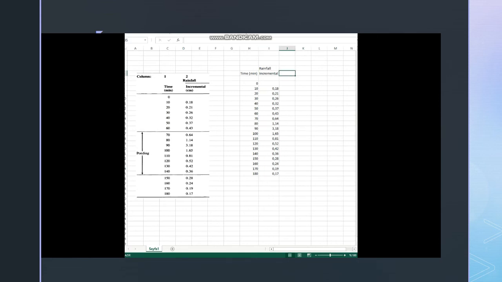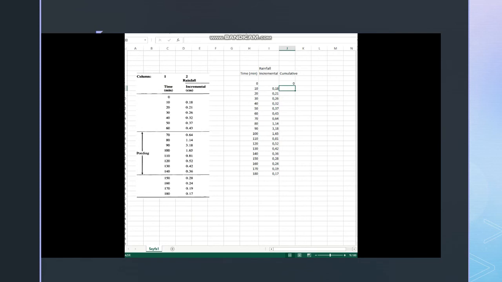Okay, so if we want to calculate the cumulative rainfall, which is also in centimeters, here it is 0, as we see.